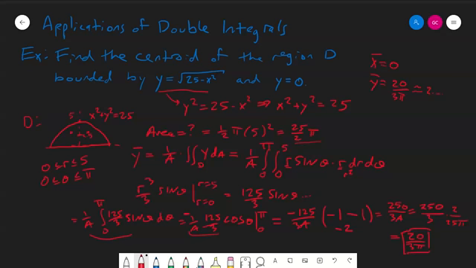But notice that our region is kind of bottom heavy. There are more points below the halfway point than there are above it. And so that should cause y bar to be lower than this absolute halfway point. And indeed, 20 over 3 pi is less than 2.5, but not a lot less. So that sort of passes our quick sanity check for the centroid.